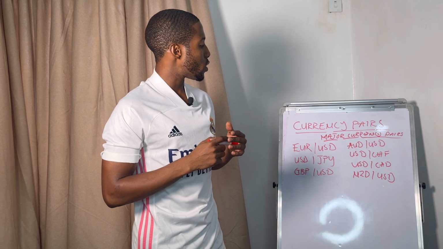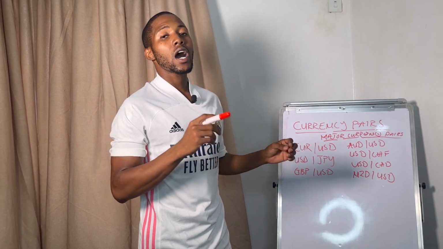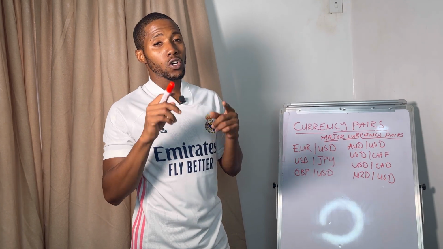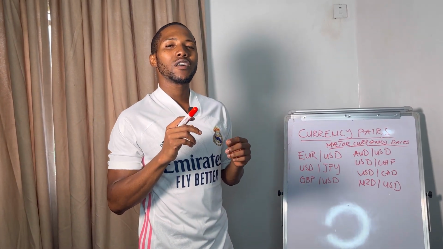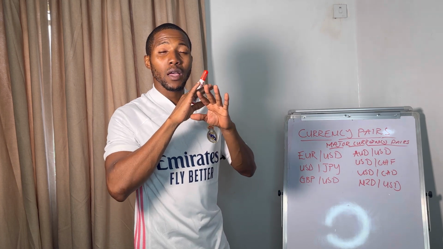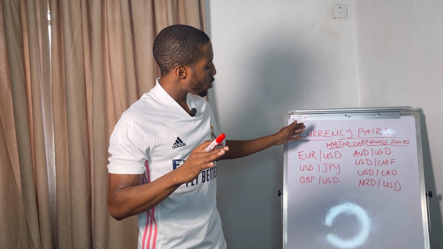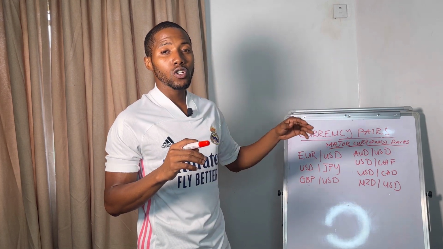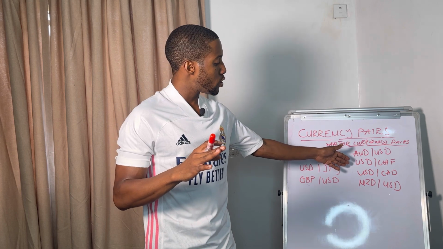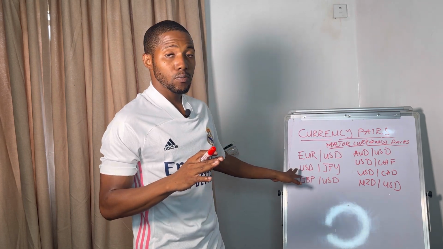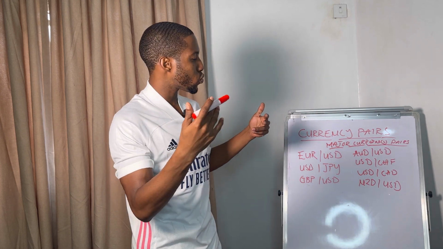The next type is the minor currency pairs. Minor currency pairs have no United States dollar in them. Aside from the US dollar, every other major global currency, like the euro, the AUD, the NZD and the GBP, is paired with another major currency.